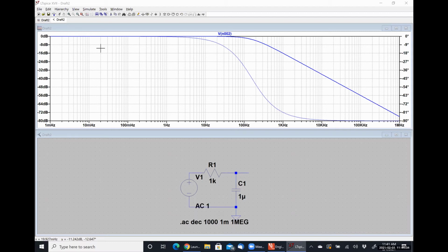I want to define a particular frequency of interest for real filters. And that is what's called the negative 3 dB frequency, or the half power frequency. That is what we're going to consider our cutoff frequency for this particular circuit, or omega C. So what we're looking for is the frequency where the output hits negative 3 decibels.